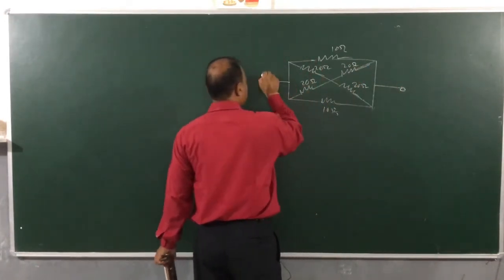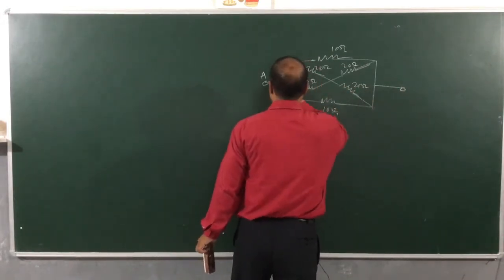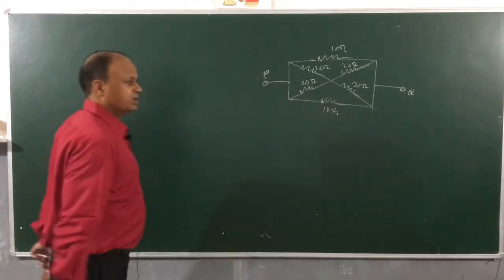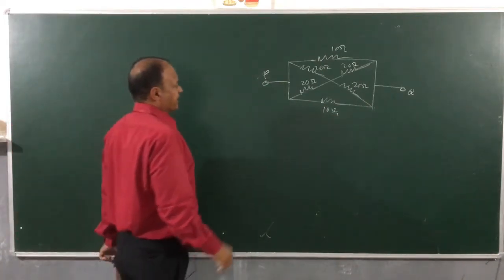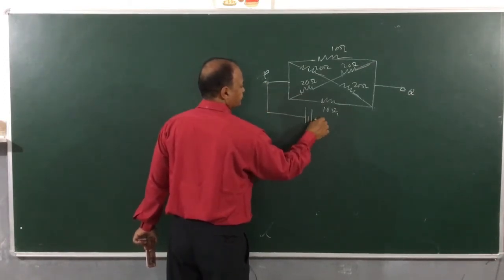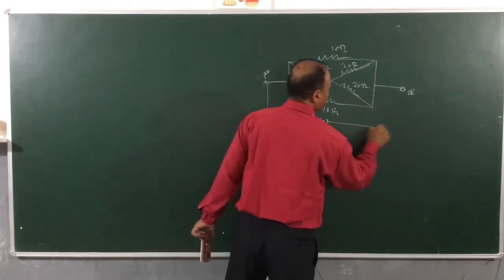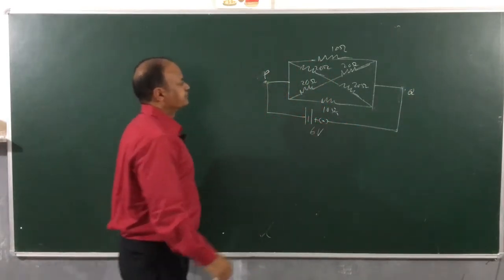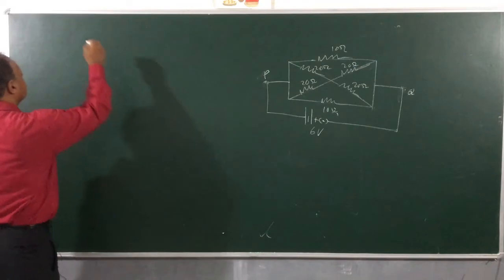One point is A, the other point is B. Otherwise, one point is P, the other point is Q. And then we connect a battery out here. Suppose I am connecting here a 6 volts battery. Clear?